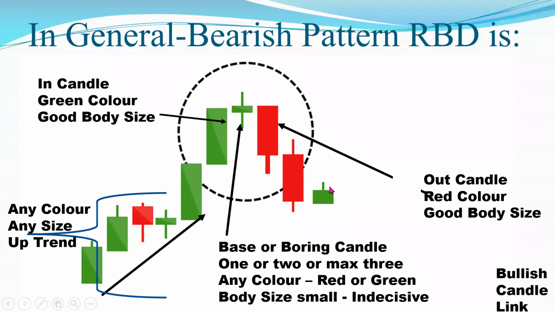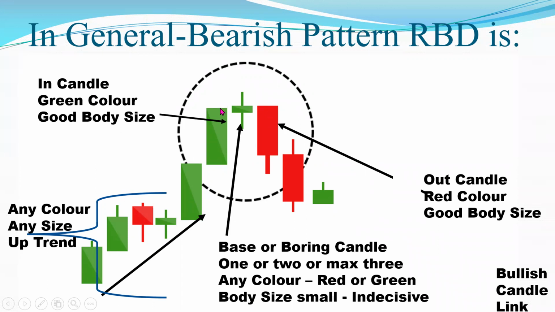In general, when we want to see a bearish pattern, what we have to see: the first candle is a green candle. The second candle is a doji, a small size base candle. It can be red or green. The third candle is a large size red candle.